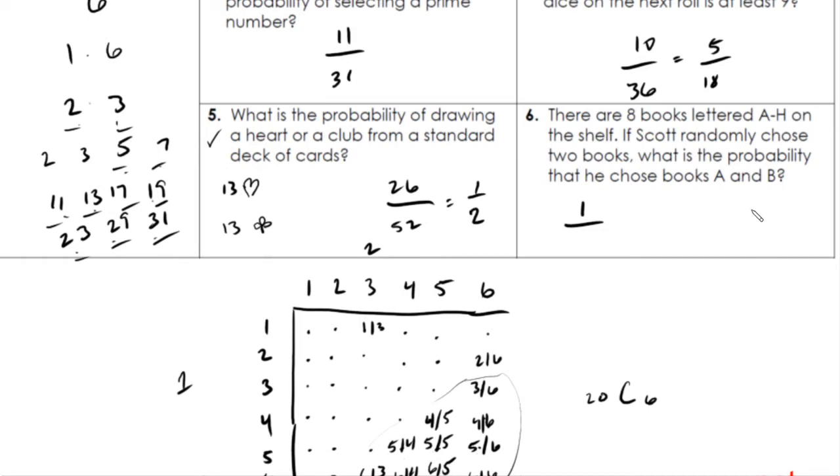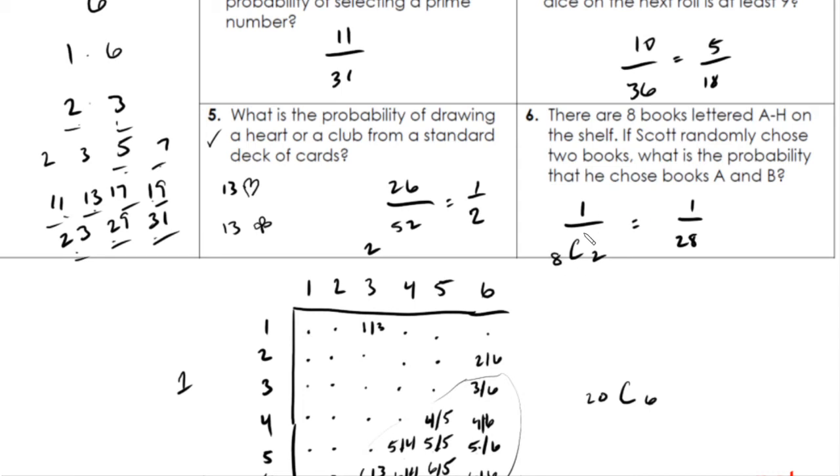Well, in this case, the order does not matter since he's still picking the books and they're both being selected, right? The books don't care which one was picked first or second. And it doesn't matter to Scott either. So the total number of ways that he can select these books is 8C2. And that so happens to be, pulling out my calculator here, 8C2, 28.